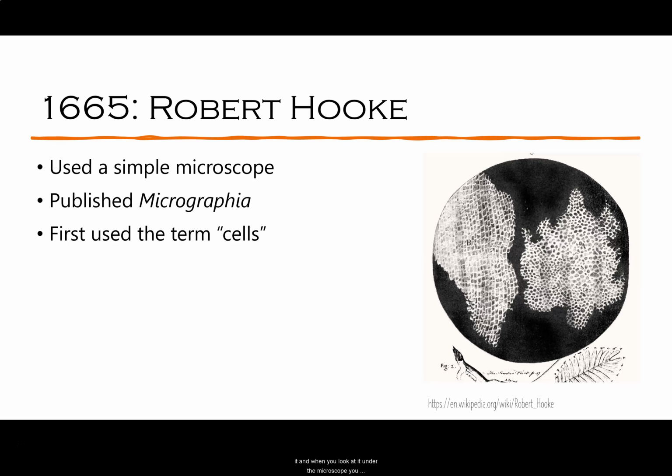When you look at it under the microscope, you find that those spaces are actually where the cells that had made up the plant have died away, and they've left behind only the cell wall or the cellulose of the plant. So you see these very regular shapes in that cork bark. So he was the first person to really give us that term to describe what we call the building blocks of living things.